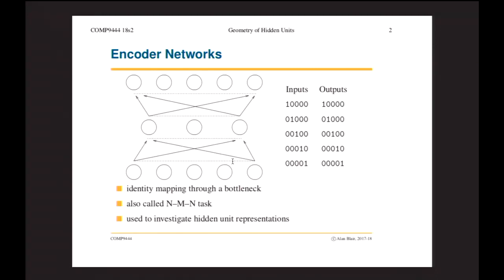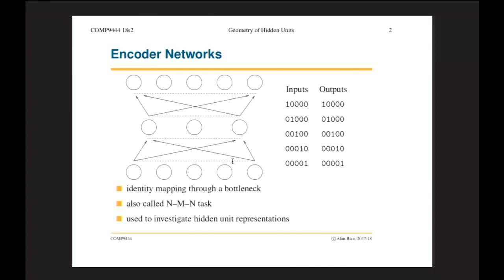So the idea here is that you have a network where the input is the same as the target, but you have a hidden layer which is like a bottleneck. So you might have a 5-dimensional input, then a 3-dimensional hidden layer, and then a 5-dimensional output. The network is supposed to take the 5-dimensional input, squash it into a 3-dimensional space, and then expand it out again to a 5-dimensional space.